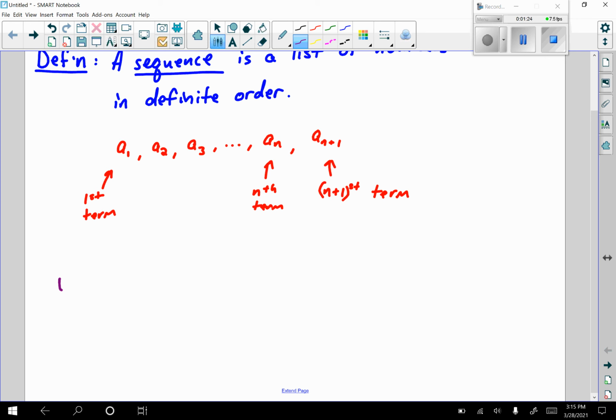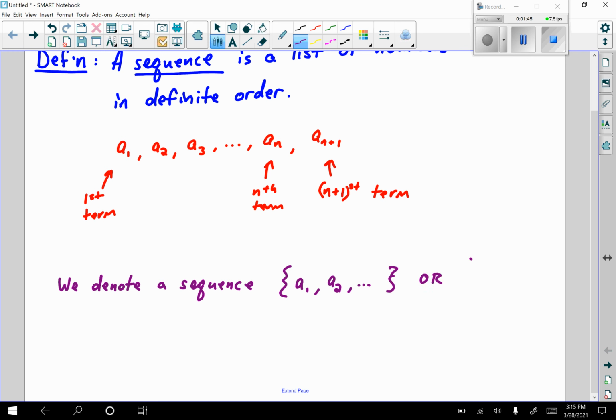Now we denote a sequence in these, what we call set brackets. I was calling them the squiggly brackets, but they're called set brackets. And we just list them this way: a sub 1, a sub 2, and on.